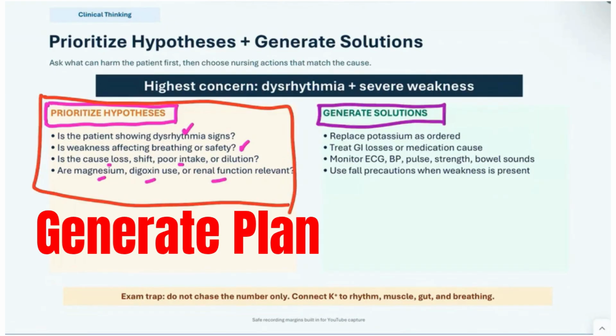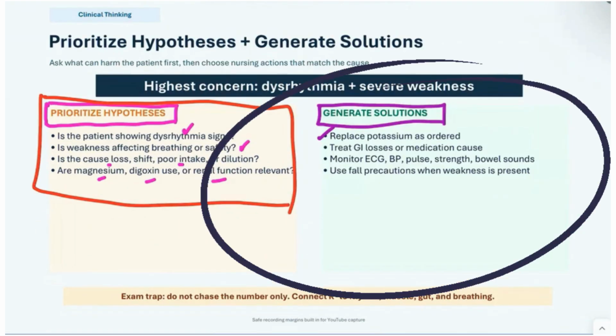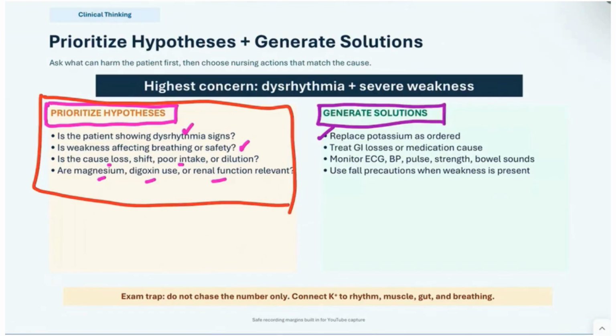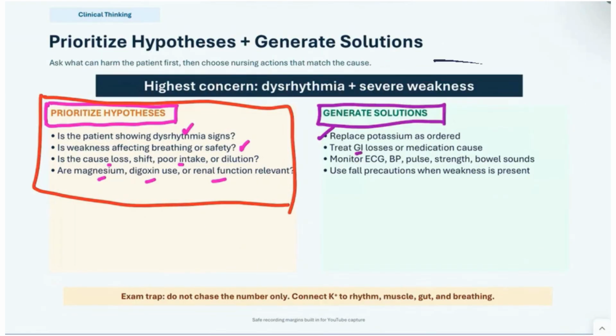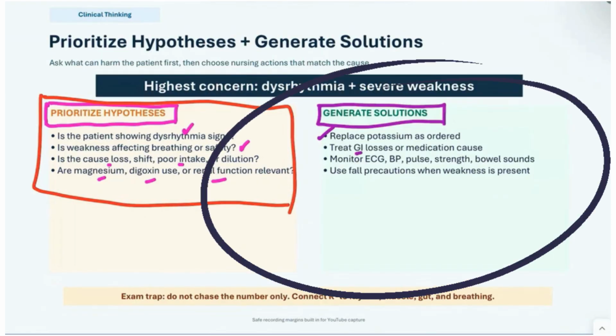Okay, so let's start with what we have. The first one: potassium may need to be replaced as prescribed. But replacing potassium alone is not enough if the patient is continuing to lose it. So the next step is addressing the cause, such as gastrointestinal losses.